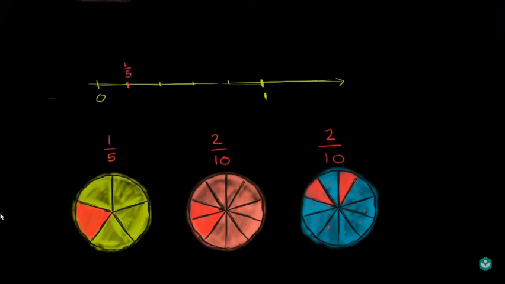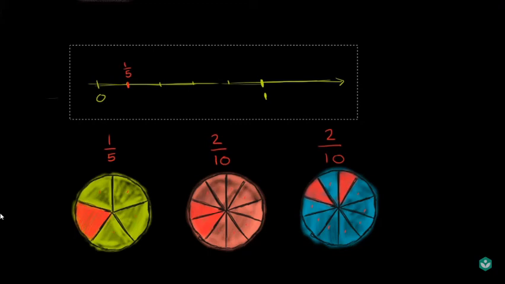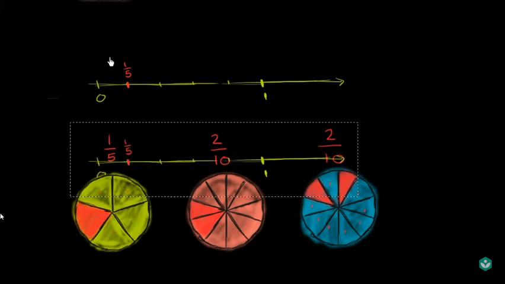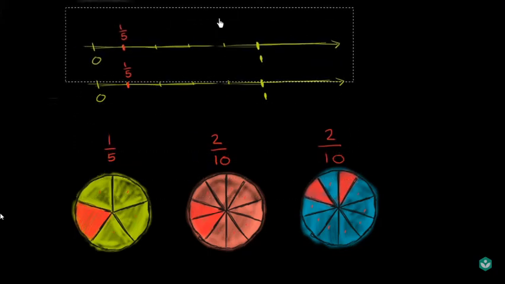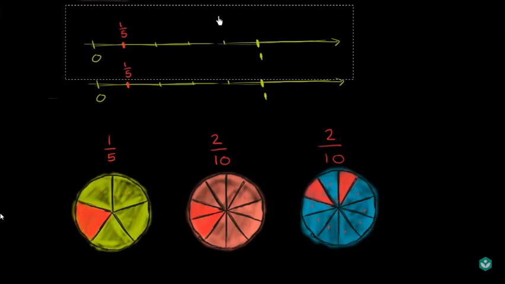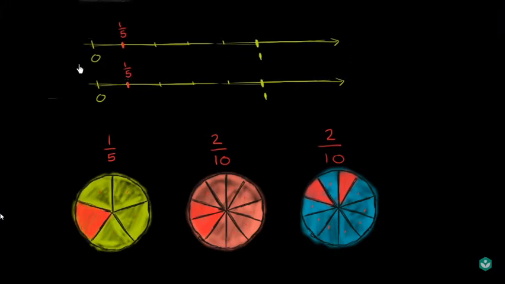1/5. And what I want to do, let me copy and paste this same number line since I've already drawn it. Copy and paste it. Let me put it right over here. But now, I'm going to divide it into 10 equal sections. So if we take, let me divide it into 10 equal sections on the top one. So 1, 2, 3, 4, 5, 6, 7, 8, 9, 10.